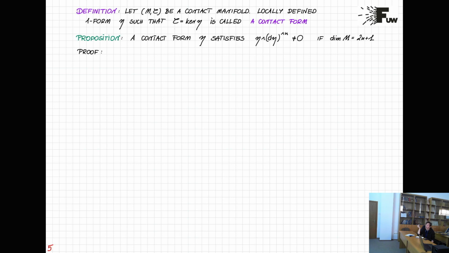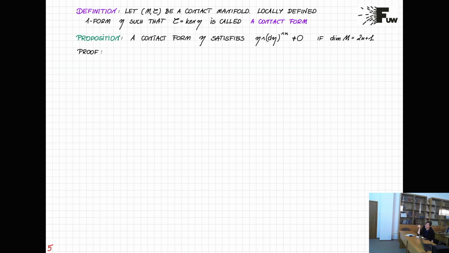Whenever this happens, we call this one form a contact form. So a contact form may be local and may be global. And the definition is as follows: the contact form is a non-vanishing one form such that its kernel is a contact distribution.